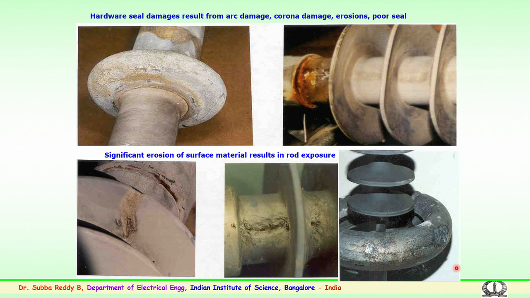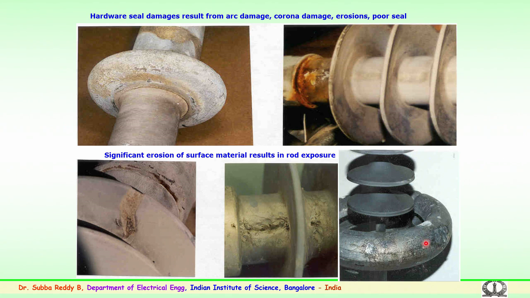Likewise, these are failures because of the end fittings, the hardware which is being employed for the polymer insulators, and also this is a corona control ring for the non-ceramic insulator or polymer insulator.